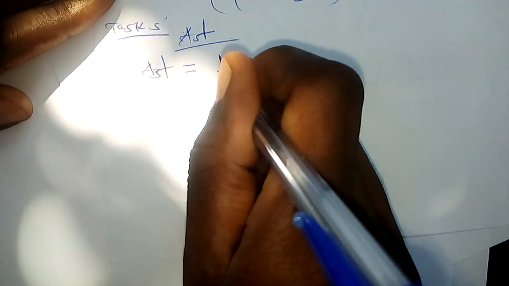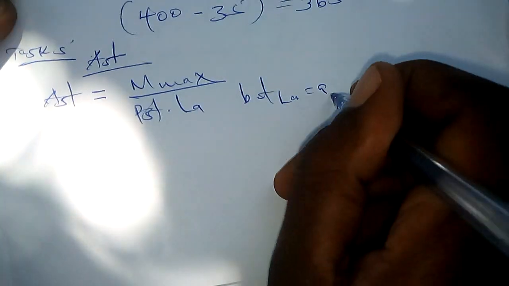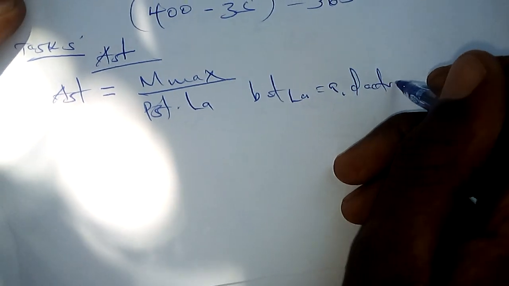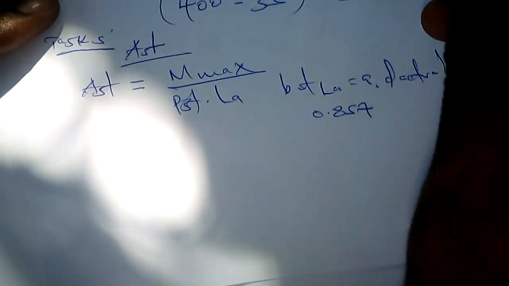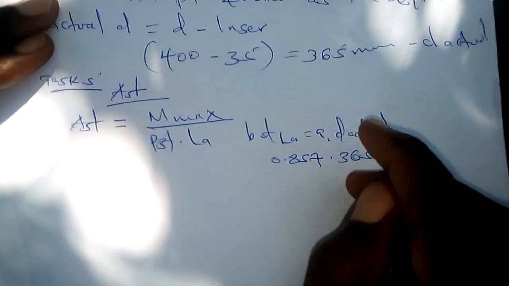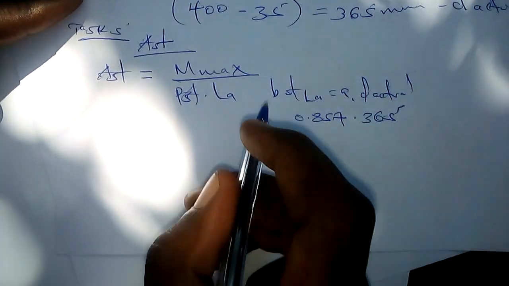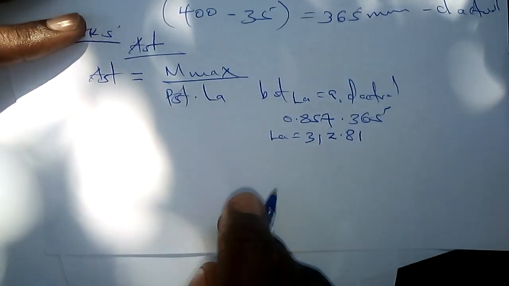AST is equal to M-max all over PST multiplied by LA, but LA is equal to a1 D actual. LA now is equal to 0.857, which was this one, a1, multiplied by 365 D actual, this one. So the answer LA is equal to 312.81.